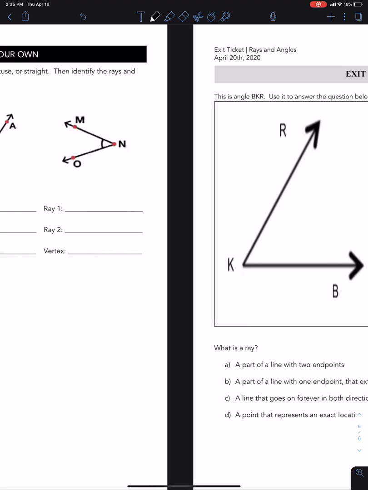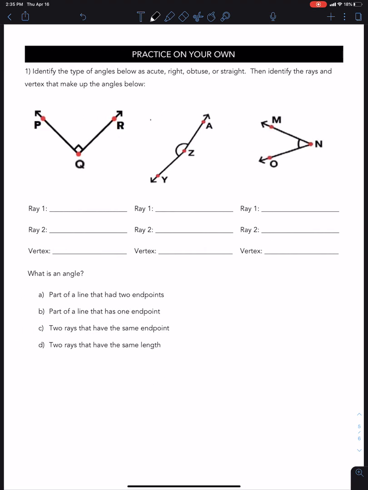All right. For this next part, you are practicing on your own. So you are doing just what we just did, identifying the rays that make up the angle, and then also writing the vertex letter, and then answering that multiple choice question. When you're done with this, unpause it to check your answers, and then don't go on to the exit ticket until I tell you to go.